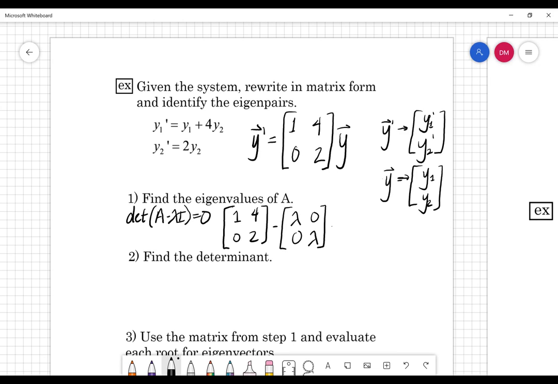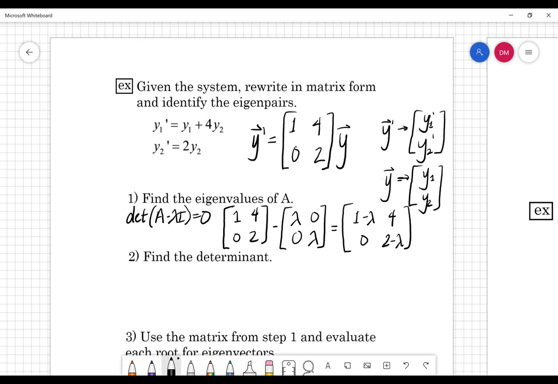So that matrix would look like this. And then the determinant of that, and I guess I put that right here.